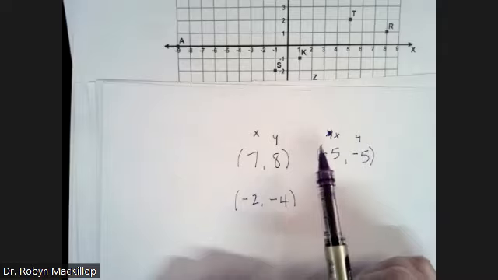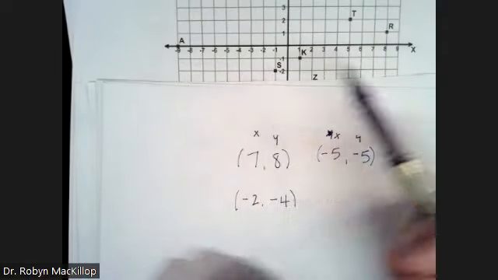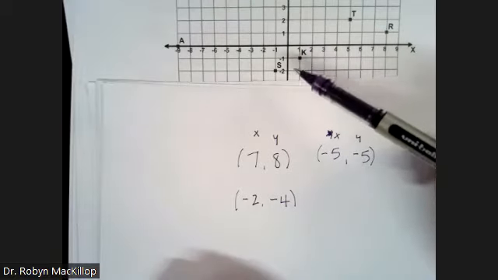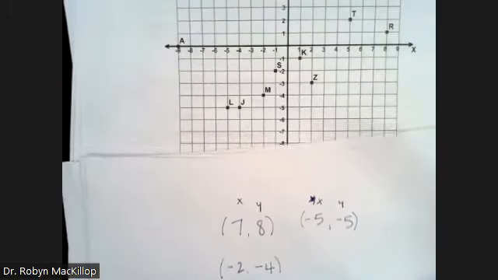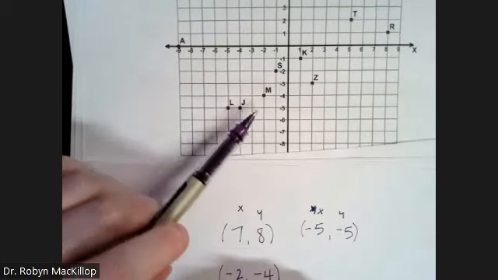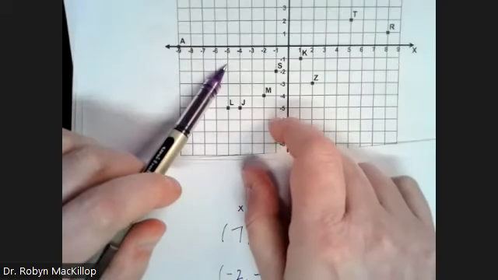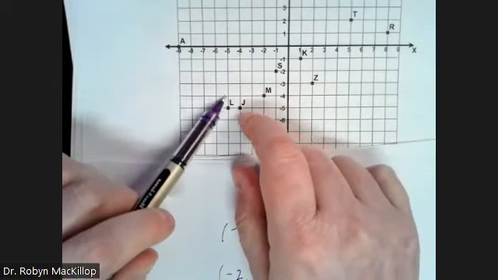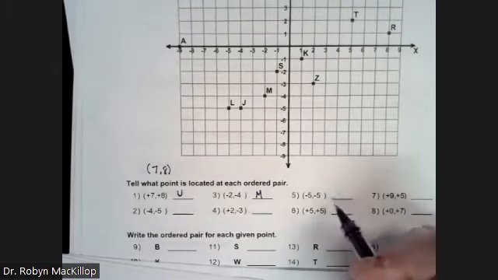So you always find the first number on this line and the second number on the up and down line. And since they're both -5, here is -5, whoops, -5 on X and -5 on Y. Bring those together. It's L, coordinate L.